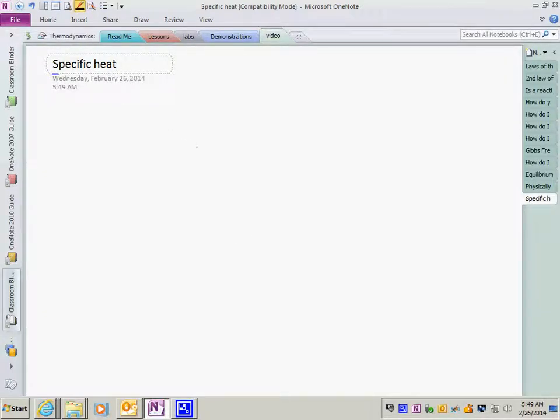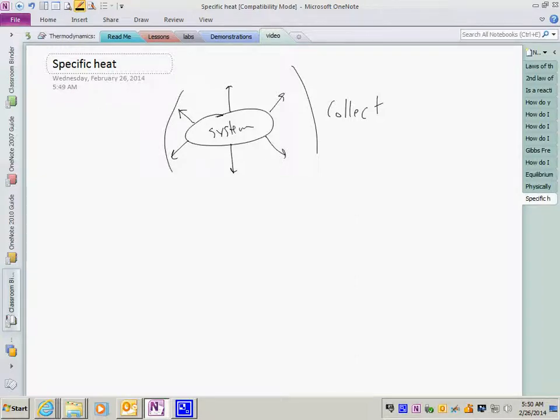The concept is basically the fact that as my system loses energy, let's just say it loses energy in all directions, radiating energy, and just as in anything in nature, as energy gets released, there are things that are collecting the energy. They're picking it up, absorbing it.